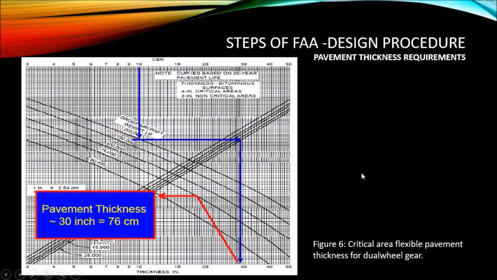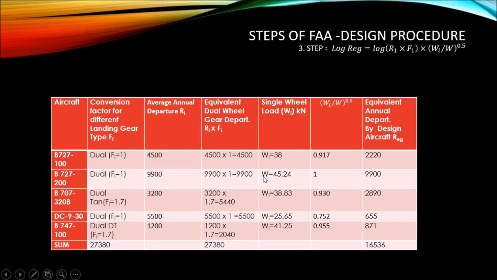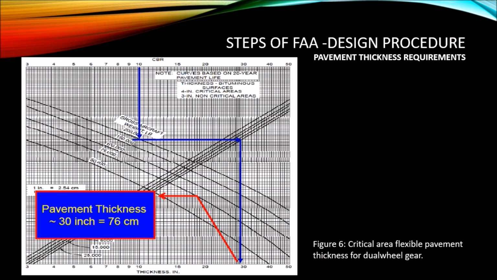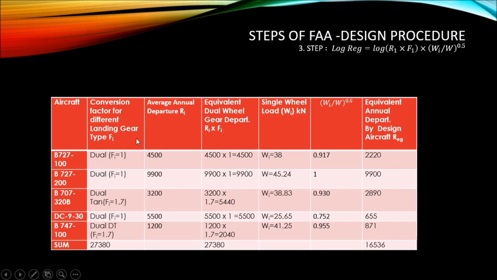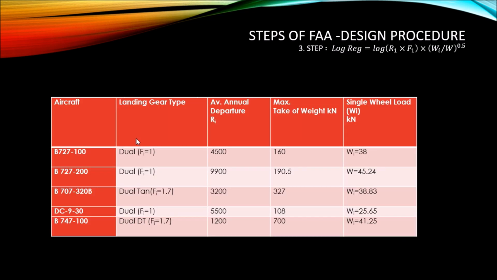So go to the graph with the 16,536 that we've gotten. We go to the table under the CBR value of this. So we check the gross weight of the aircraft, which we had as 190,500.